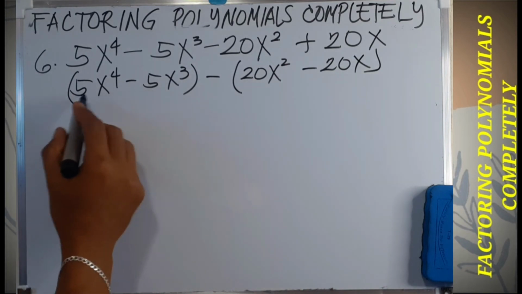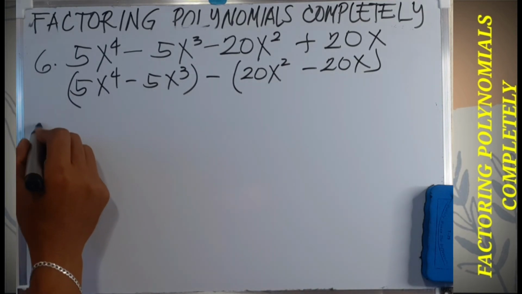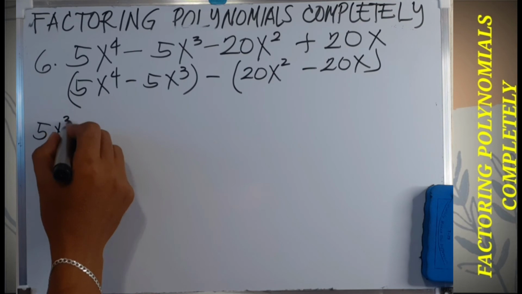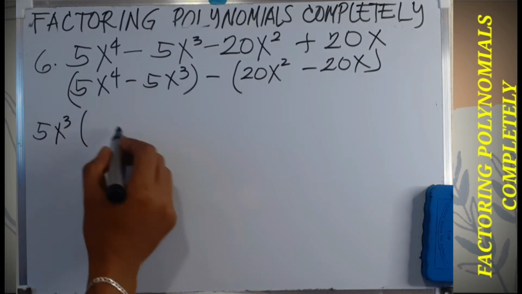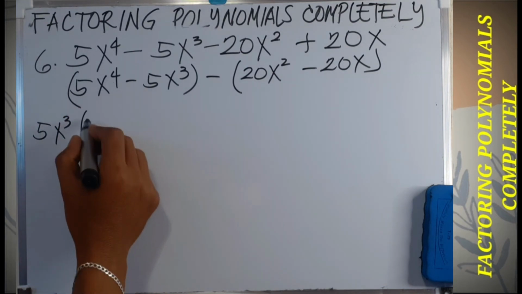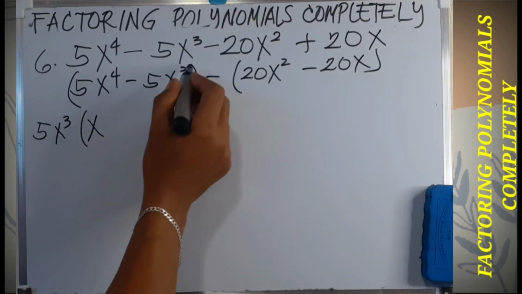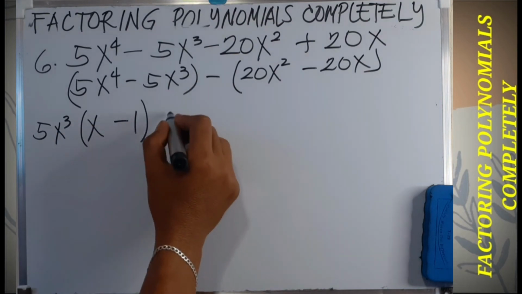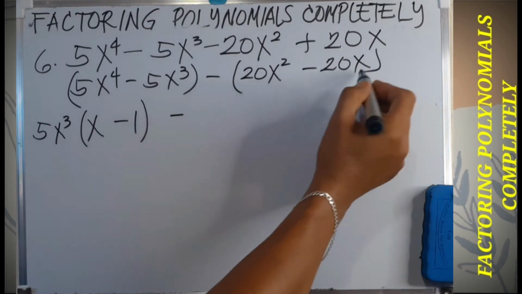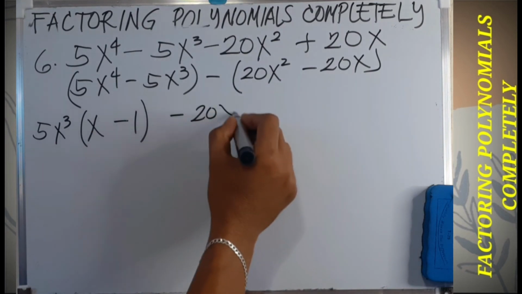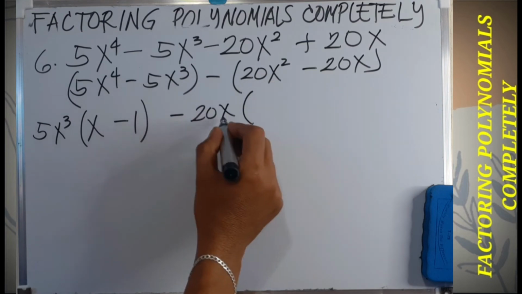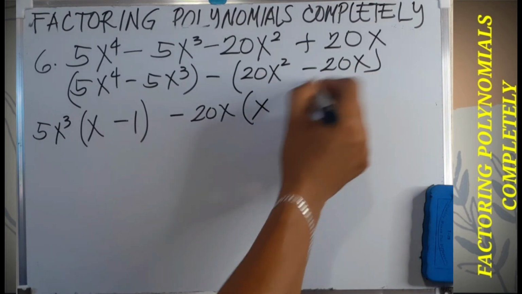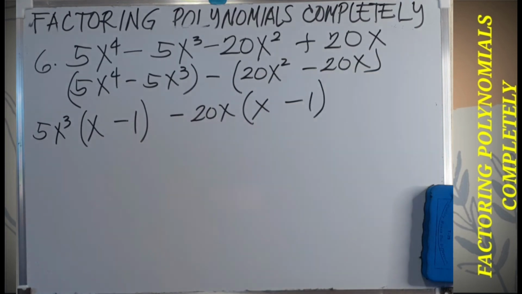What is common between the first group is 5x cubed. 5x to the 4th divided by 5x cubed is x. Cancel, we have minus 1. Minus, common between them is 20x. 20x squared divided by 20x is x. Cancel, we have minus 1.